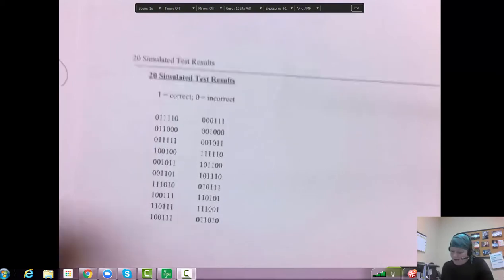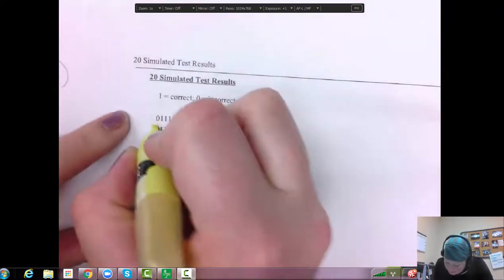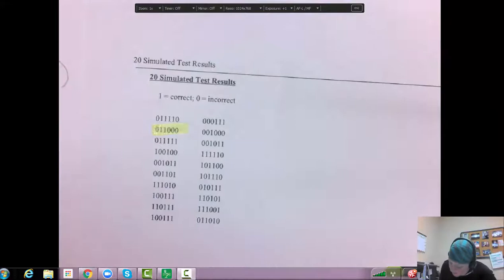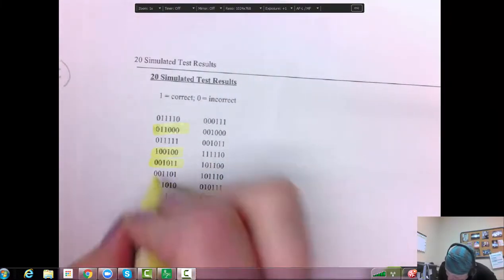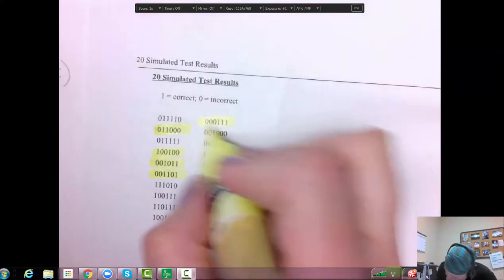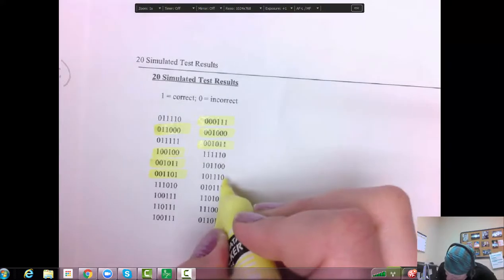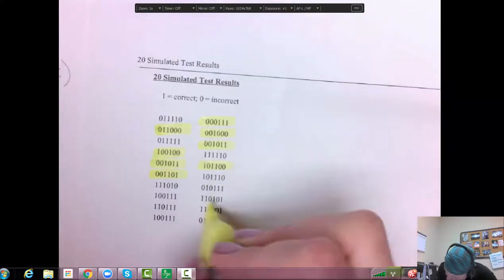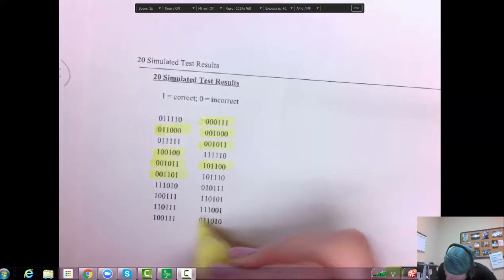All right, the first one you got more. So this one has just 2 correct. So it's a fail. This one's 2 correct. It's a fail. That one's 3. You failed. You failed. That's 4. That's 3. You failed. That's only got 1 right. That's got 3. 3, 4, 4, 4, 5, 4.